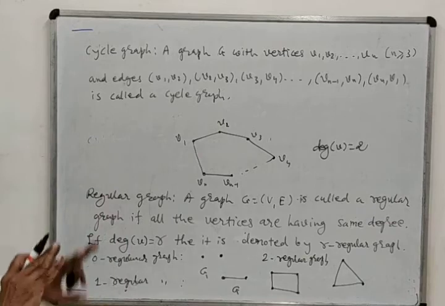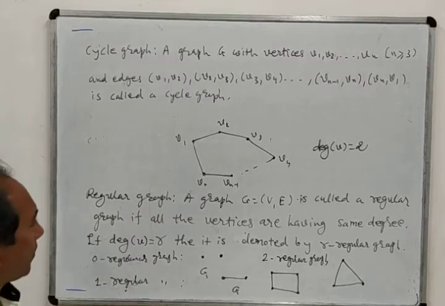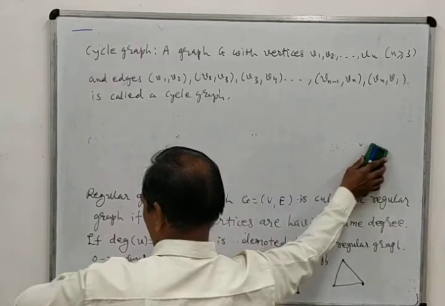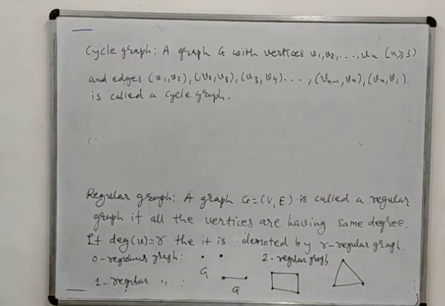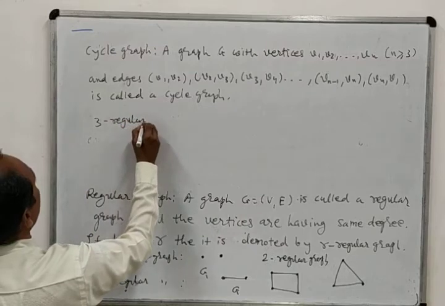So any graph with any number of vertices in a cycle form is a 2 regular graph. Suppose we draw a 3 regular graph.